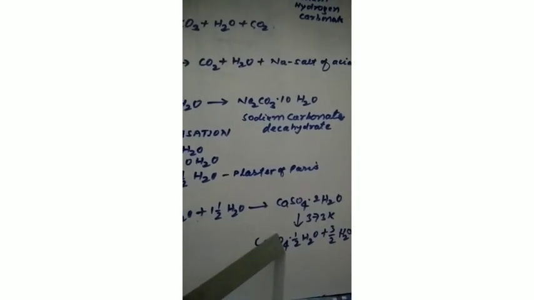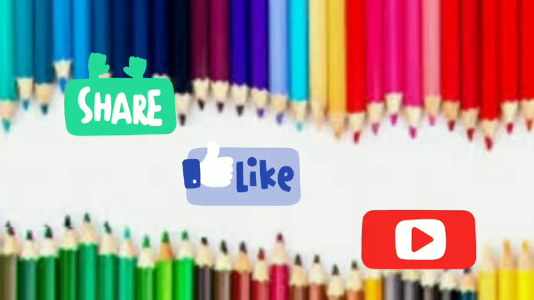So that's why plaster of Paris is used for making statues, and doctors use it as a plaster for supporting fractured bone. Now when gypsum is heated strongly at 373 K, it converts into plaster of Paris.